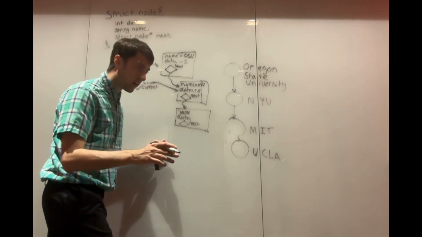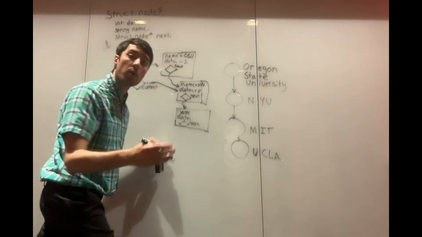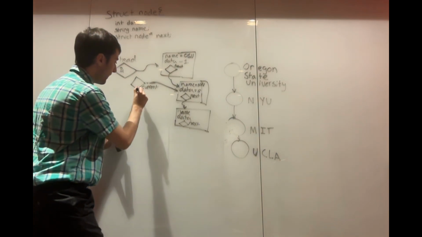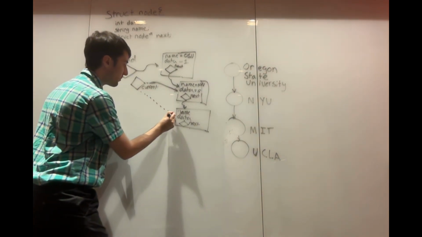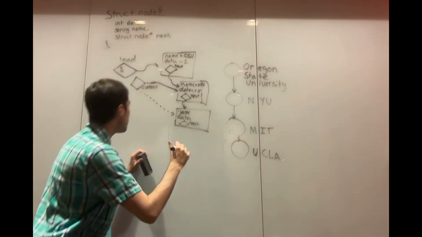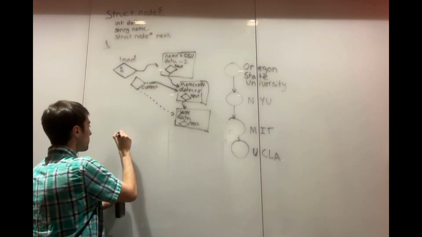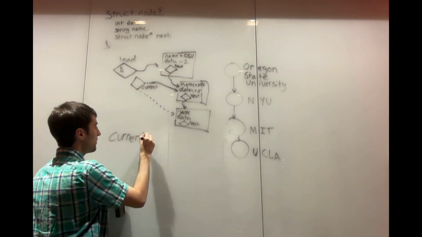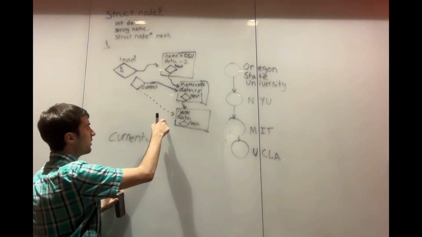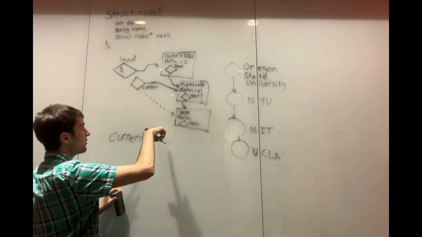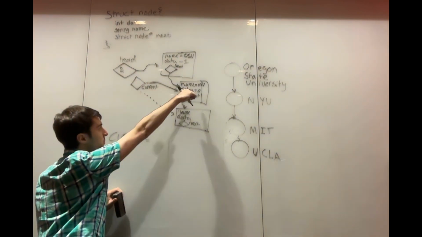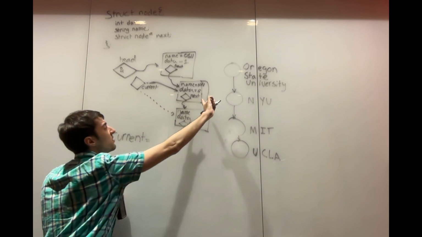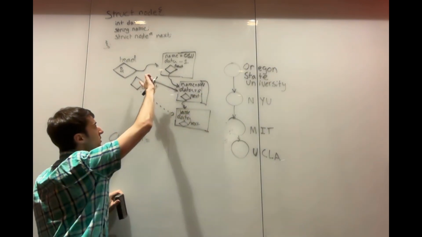Okay, so I think you guys know how to now do the name, data, and next, but I'll just do it one more time just so that we get more practice. So I want to take this current and align it to point here. So how am I going to do that? Well, here we go. Current equals, I want it to be where I'm pointing now, that's the next variable, right?